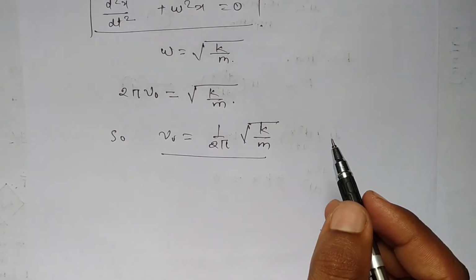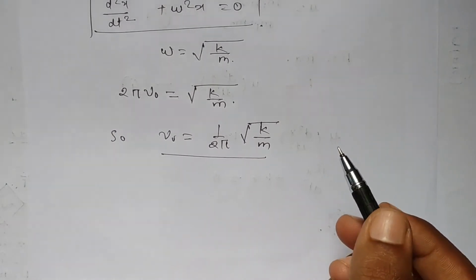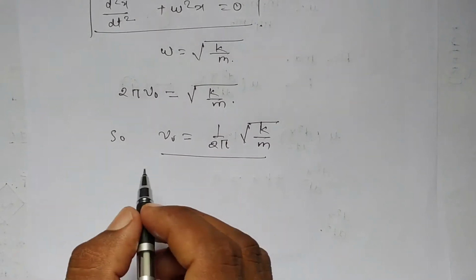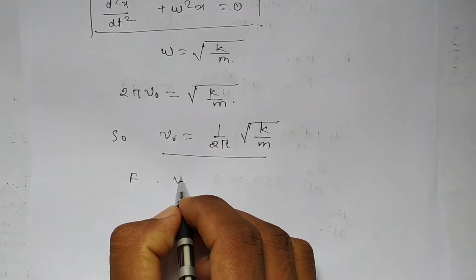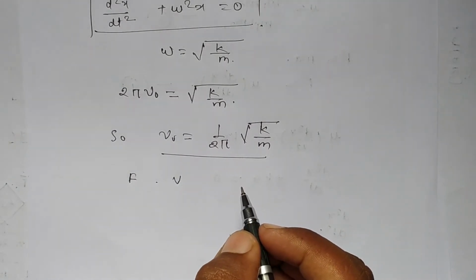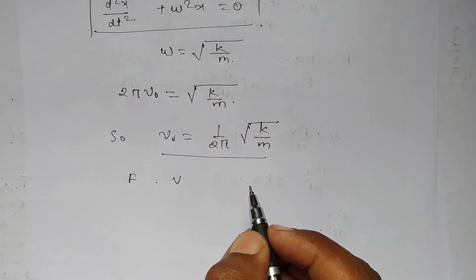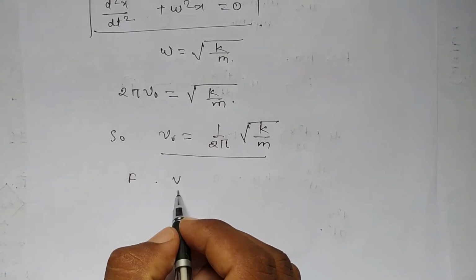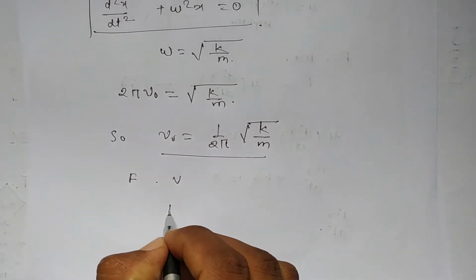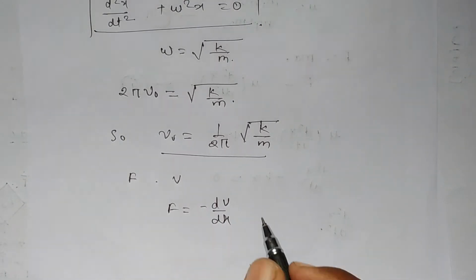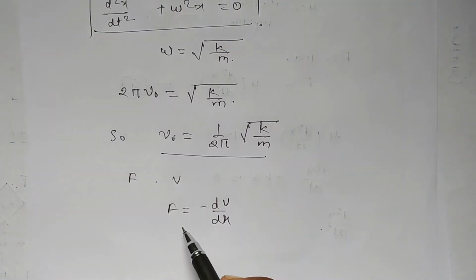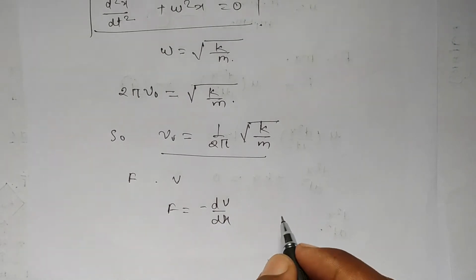Now in the quantum mechanical treatment, we know that due to the restoring force F, a potential energy V is developed in the vibrating molecule, and the relation between the potential energy V and the force F is F is equal to minus dV upon dx. That means the force F is the negative of the rate of change of the potential energy.